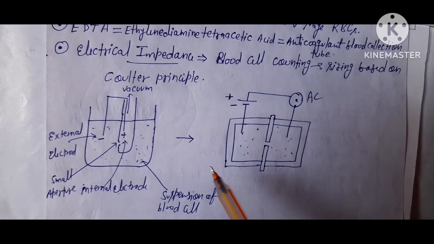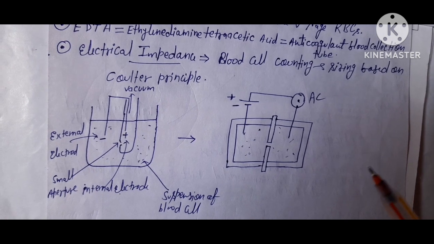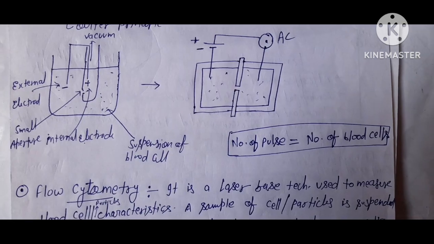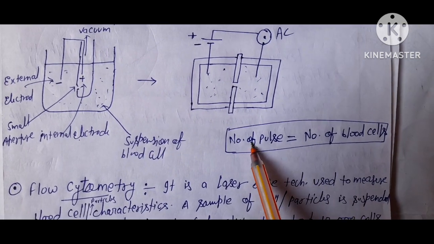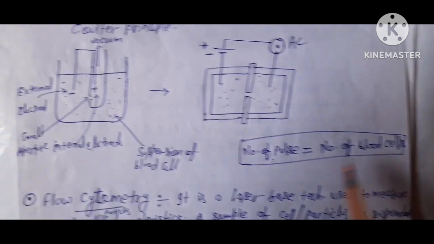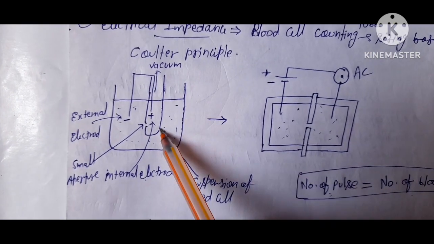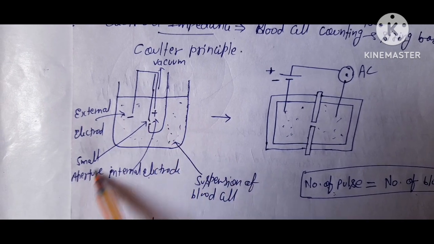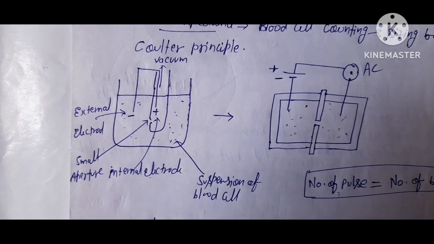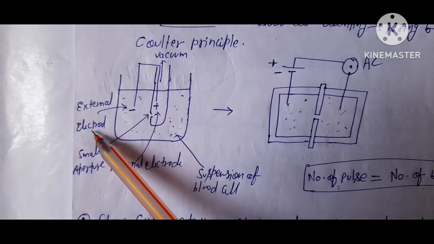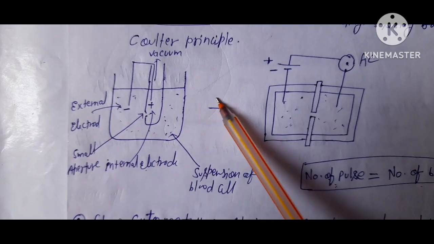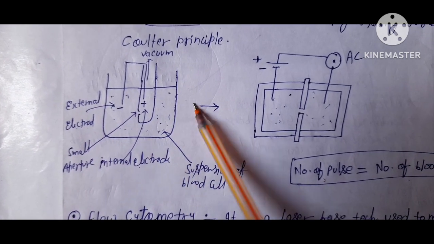The number of pulses indicates the number of blood cells. So the tubes have small apertures. Here is the internal electrode, this is the external electrode, and this is the diluent.